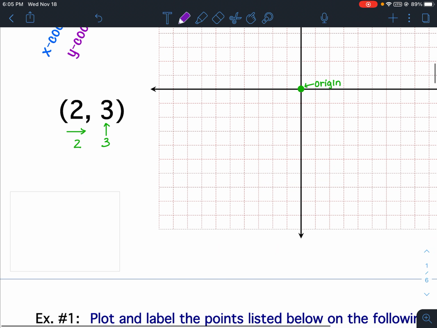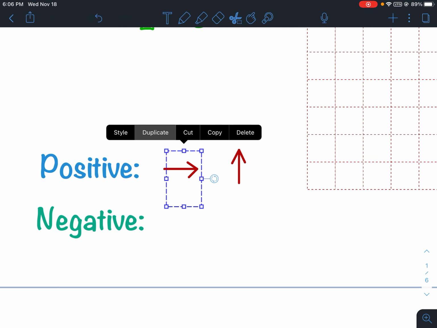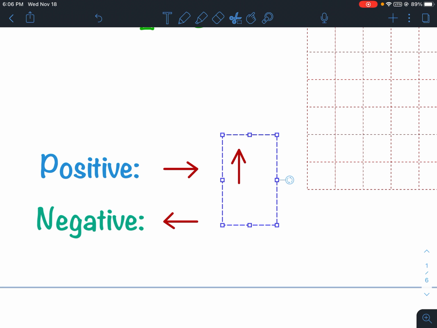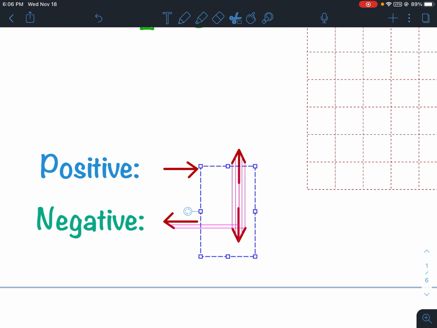So one more time, as a review, depending on which coordinate you're looking at, positive numbers are either to the right or up, while negative numbers are either to the left or down.